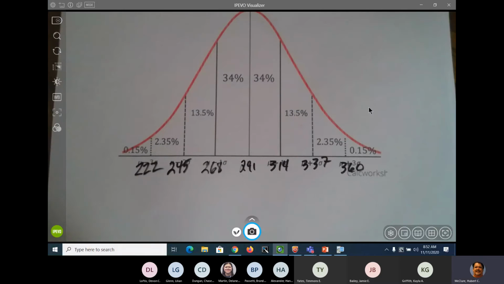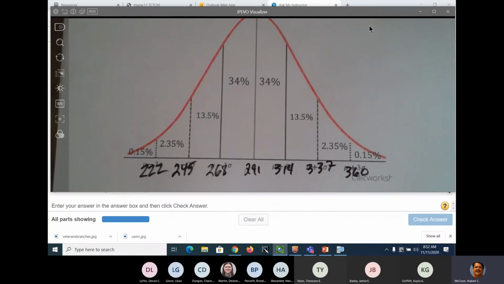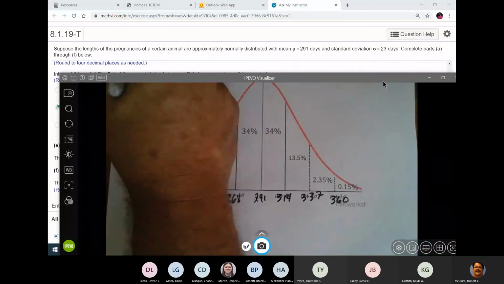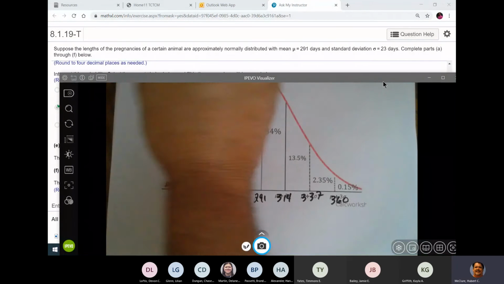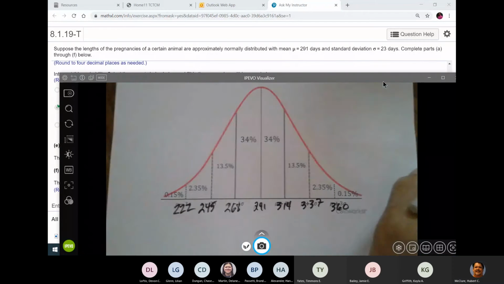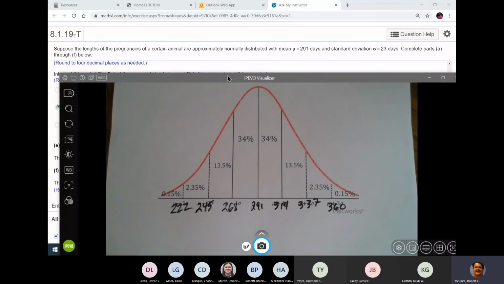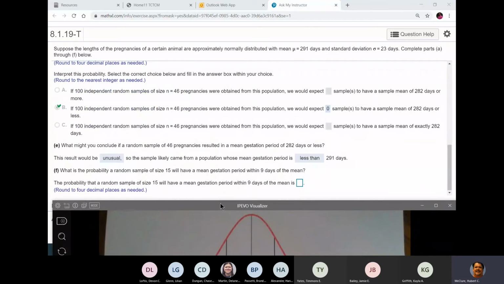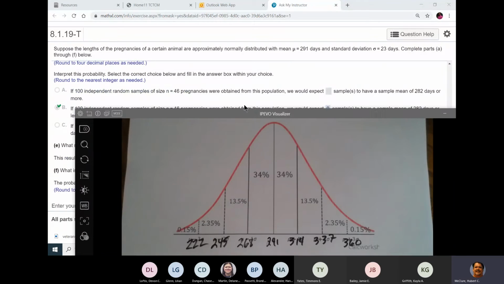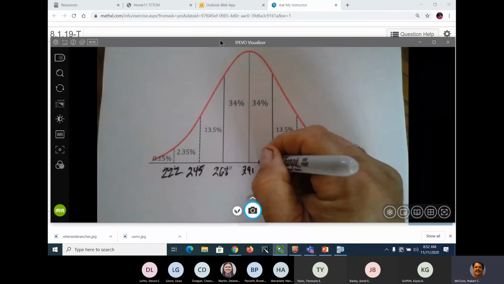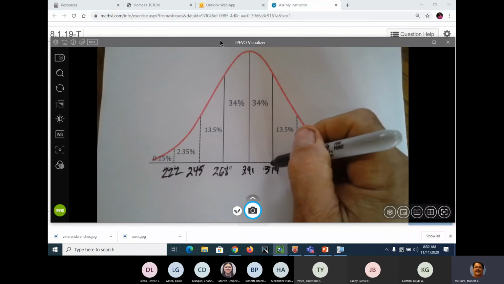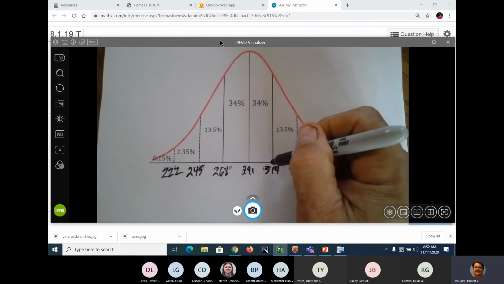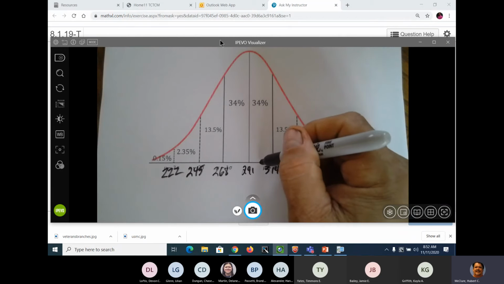And they say n is equal to 15. And they want to know the gestation period within what? Within 9 days of the mean. Well, 9 days, let's see, this is 23. So 9 days would be, half of 23 is 10, 11.